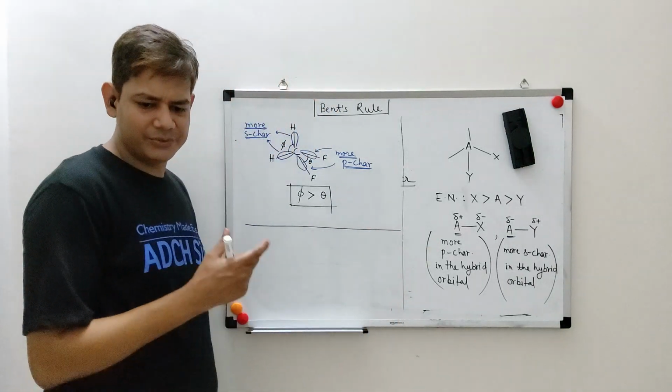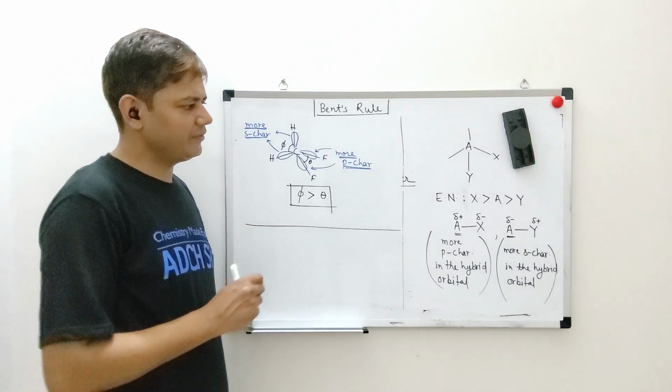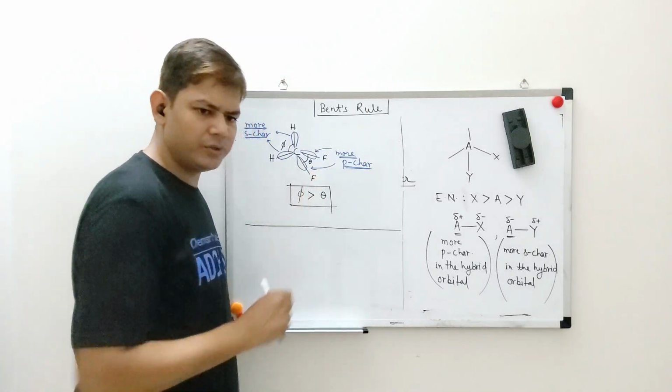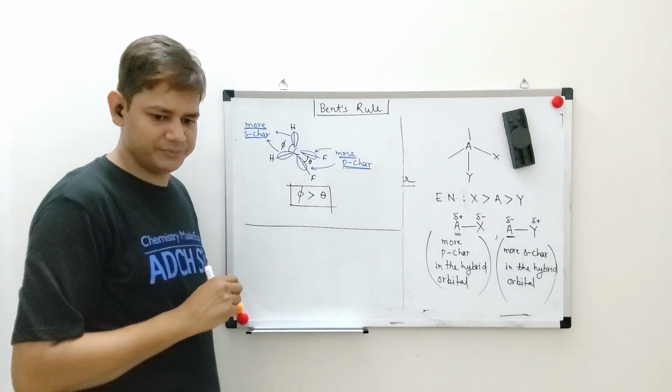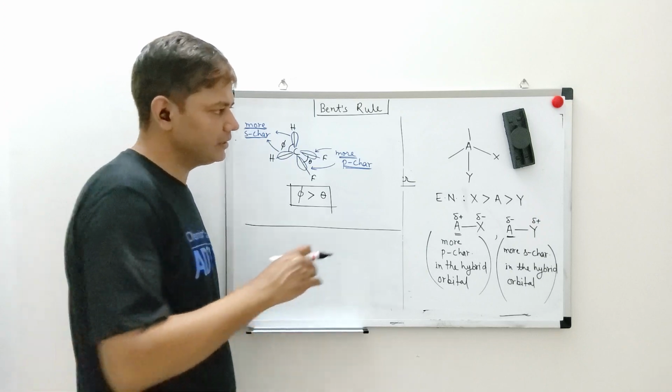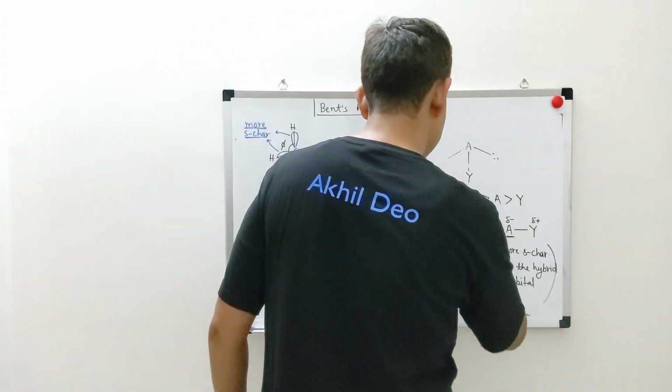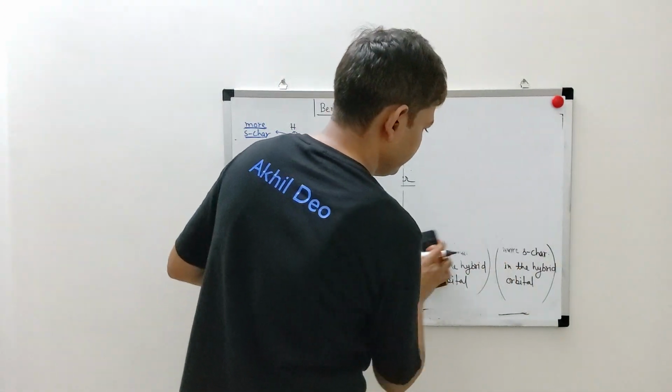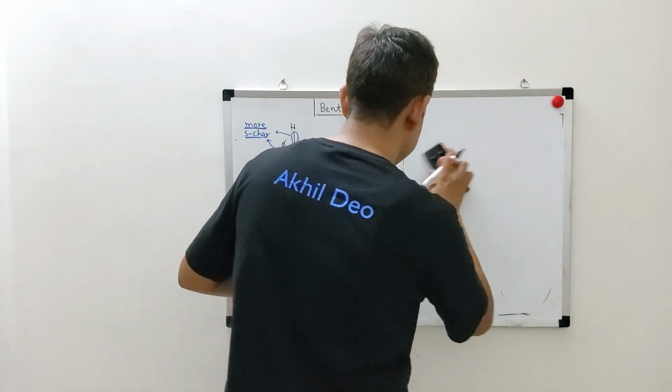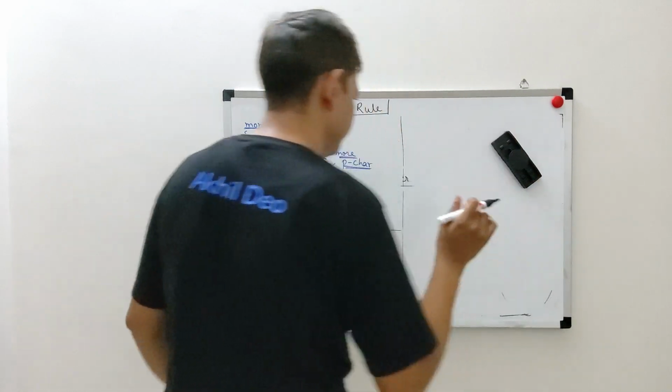Let us apply this rule in one example where we'll be using this rule to compare bond lengths in a molecule. Let us do a very well-known question. Comparison of oxygen-oxygen bond lengths in H2O2 and O2F2.